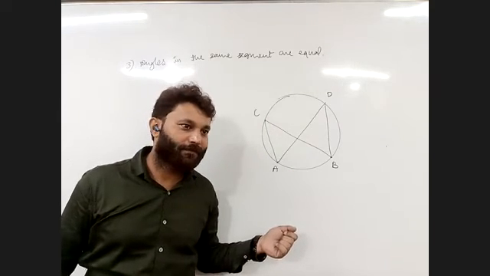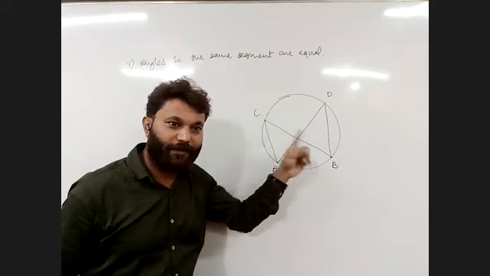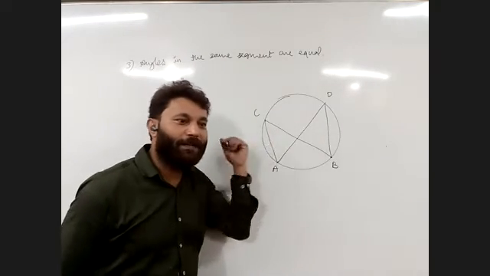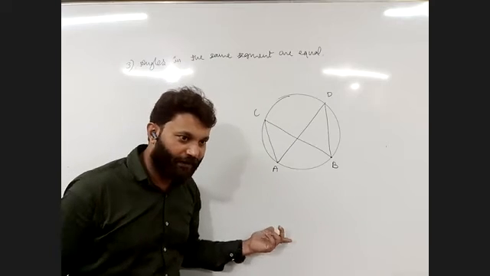Why not? Because both the angles are at the circumference, that is, both are state ministers. Both will have the same power. Am I clear with it?